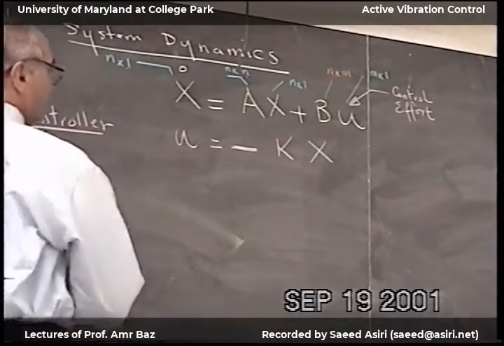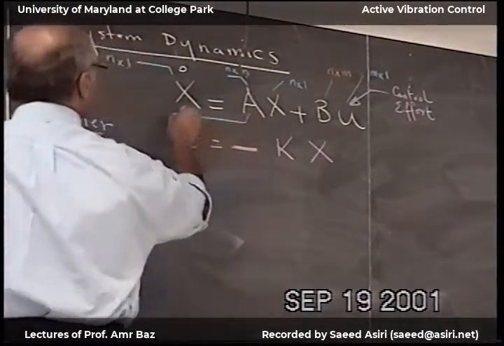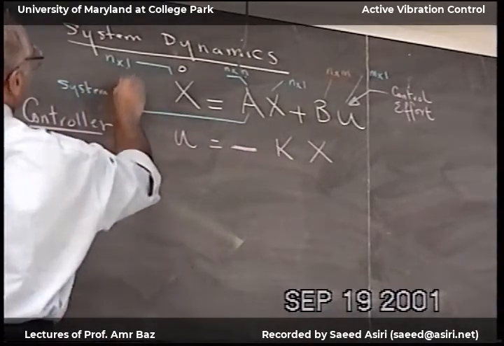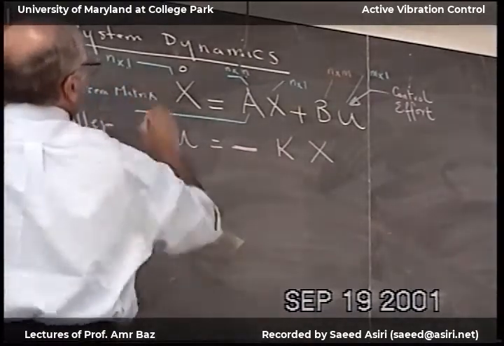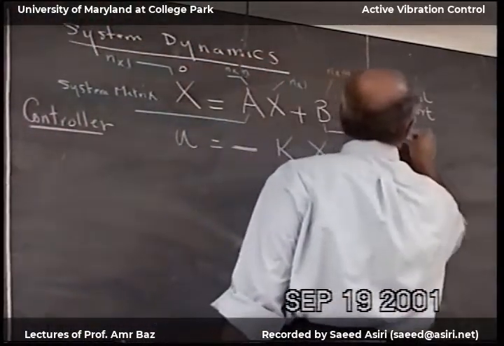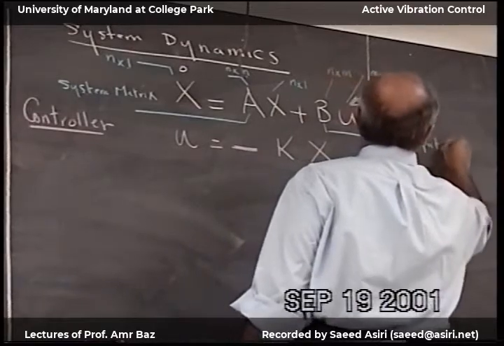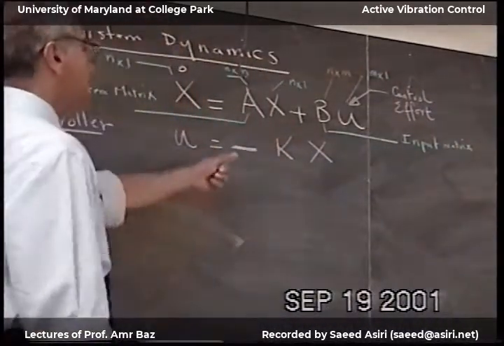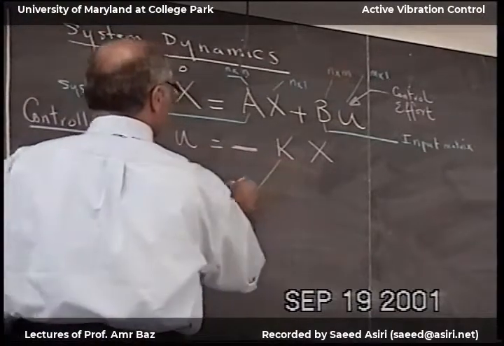The A is called the system matrix. The B is the input matrix. And then now the K is my control gain matrix.